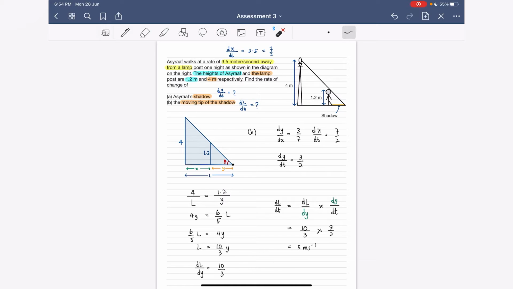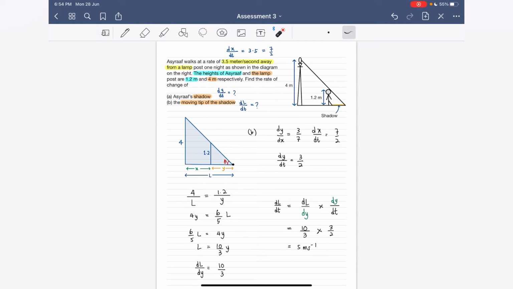Just change the position, the 6 over 5L at the left and 4y at the right, and then 4 divided by 6 over 5 will get 10 over 3y. So L equals 10 over 3y. So we can differentiate this equation.